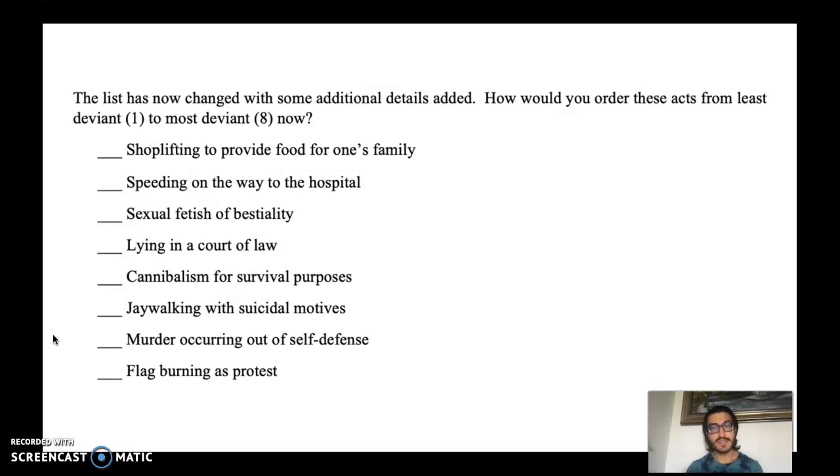All right. So the same behaviors that we looked at on the previous slide, but now they're provided in a different context. So again, why don't you pause the video, go ahead and rank these from 1 to 8, with 1 being what you think is least deviant to 8 being the most deviant, and then we'll carry on.